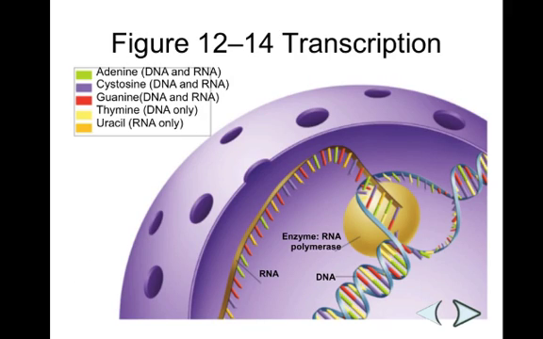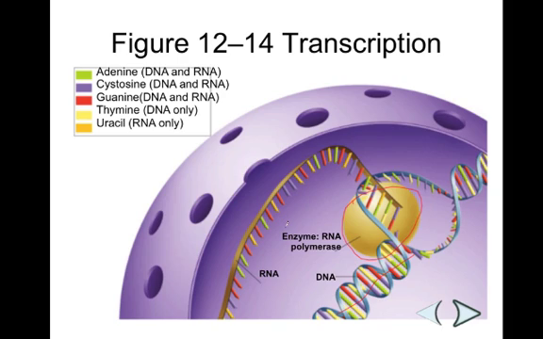And here's the example. You'll notice that over here we have this strand of DNA that we're starting with. There's this big blob. This is an enzyme called RNA polymerase. The name of it you don't need to know. You just need to know that it is an enzyme related to the RNA. And what this enzyme does is it breaks apart the two strands of DNA.